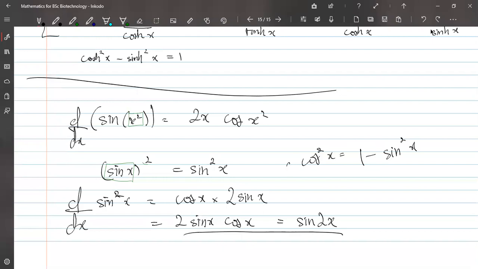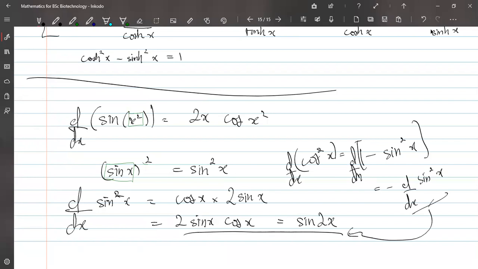So if you differentiate this, you are just differentiating this, right? And what is the derivative of a constant? 0. So what should the answer be? Minus the derivative of sine square x, but the derivative of sine square x is sine 2x. So this should be just minus sine 2x, right?